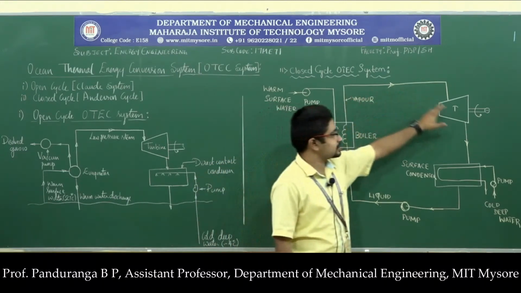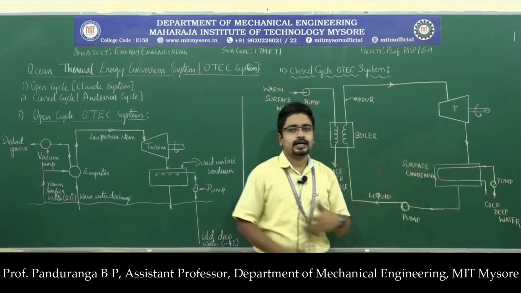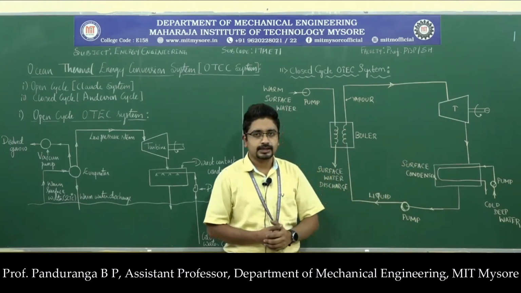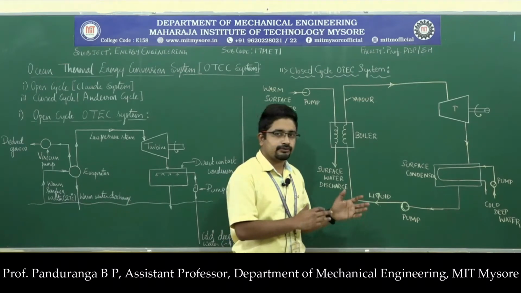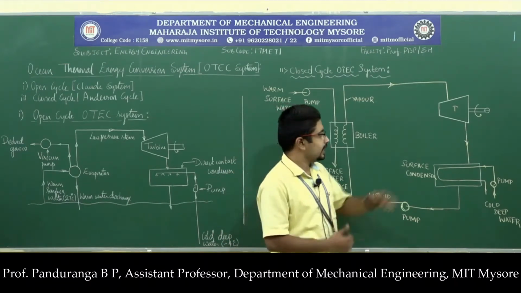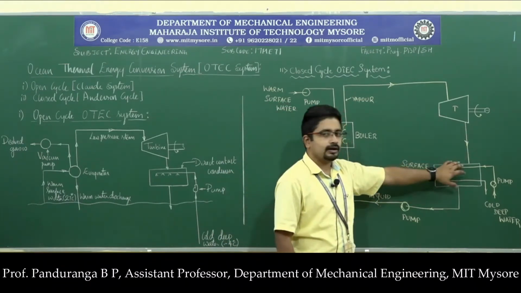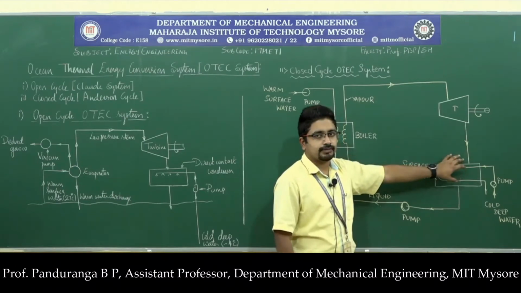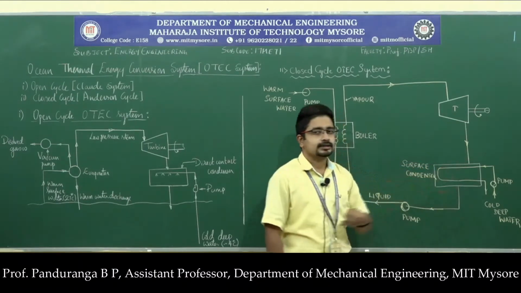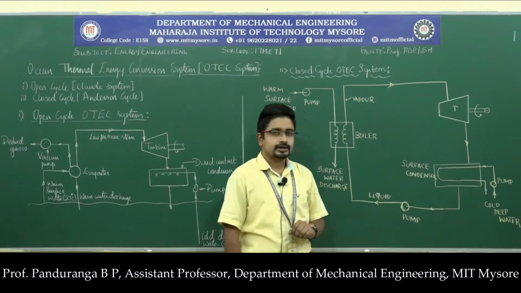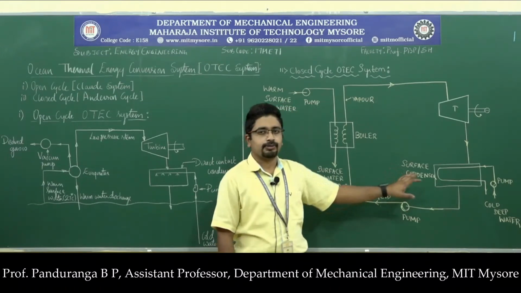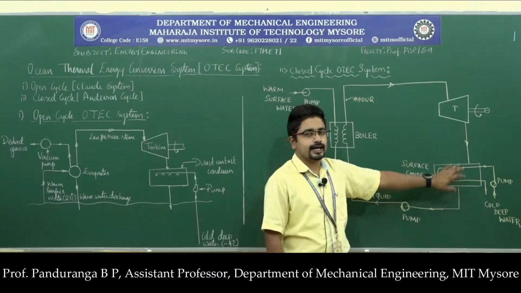That vapor passes through the turbine and transfers its energy to the turbine blades, thereby converting the fluid energy into mechanical energy, and then the vapor coming out of the turbine enters the surface condenser. There will be no direct contact between the coolant and the vapor in this case.